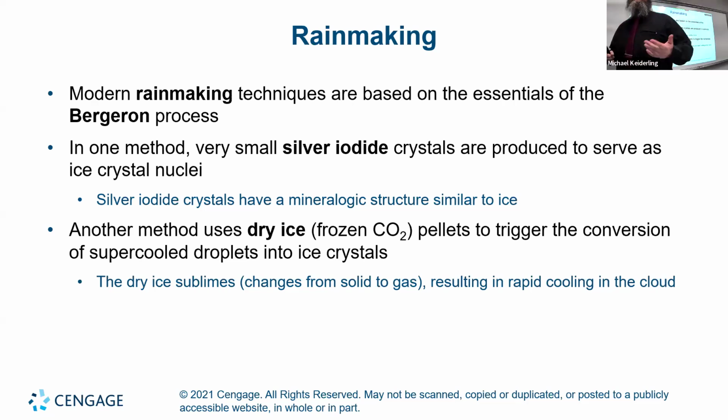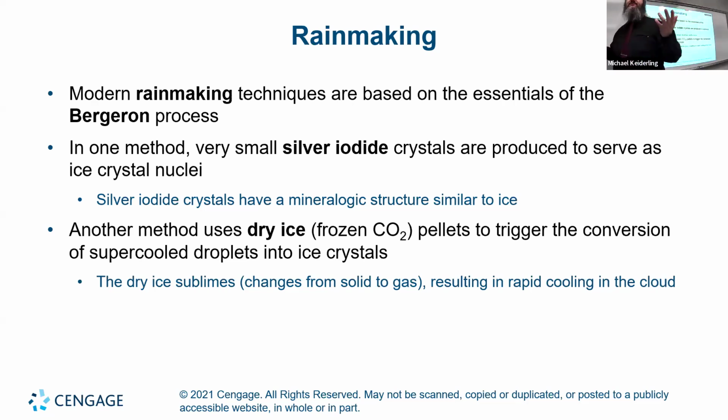Another method uses dry ice. And this is actually the first method that was used for cloud seeding or rain generation, where you dump dry ice pellets to rapidly cool a cloud, and you supercool the cloud, and that triggers the formation of ice crystals and speeds up the cycle of this transfer.